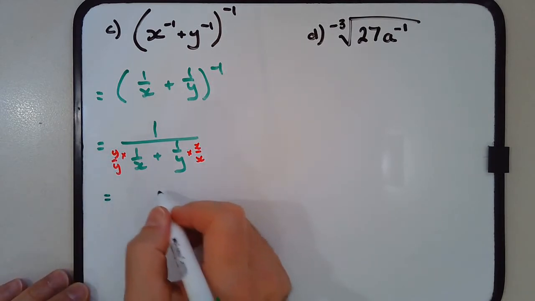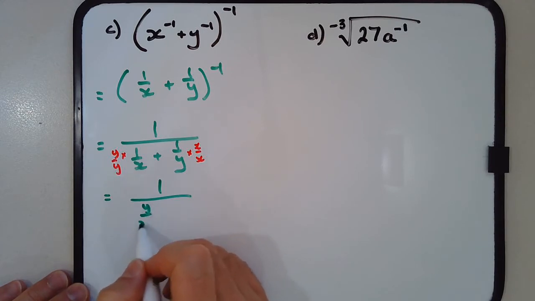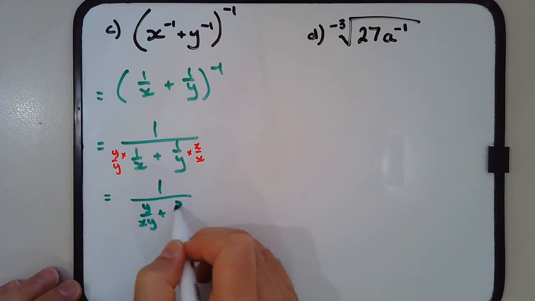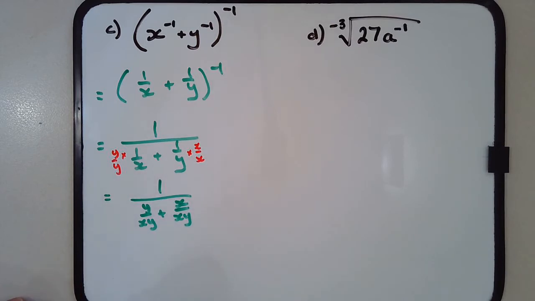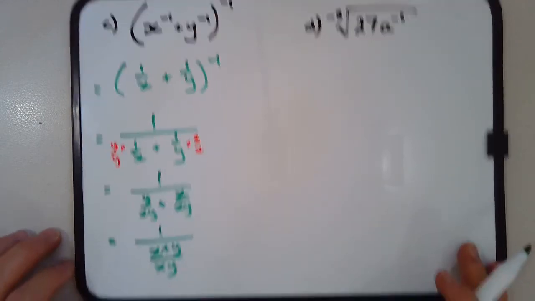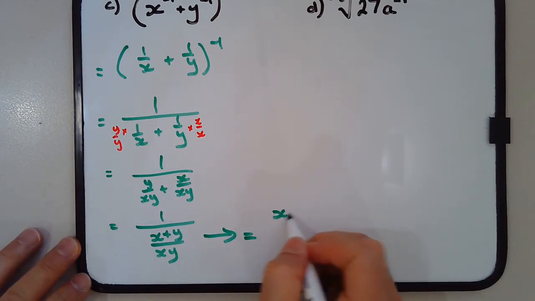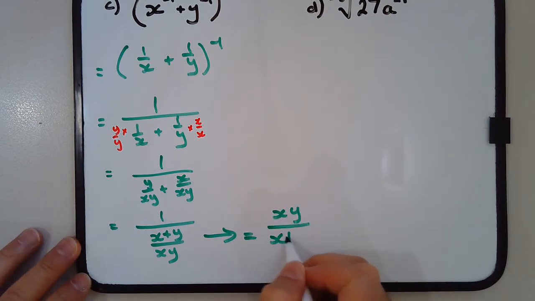Okay, so this is 1 over, y on xy plus x on xy, which is just, well, we can combine the fractions together now because it's a common denominator. So this is x plus y over xy. 1 over all that just means take the reciprocal again. Okay, so this one is just xy over x plus y.